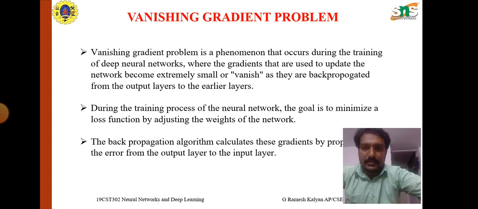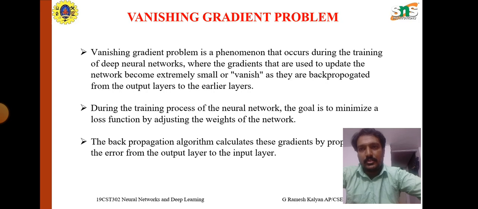As I said in the previous video, the vanishing gradient problem is the situation in which, during backpropagation from the output layer to the earlier layers, the gradient size gradually decreases, at a certain condition it becomes very small, and after that the gradient itself vanishes.